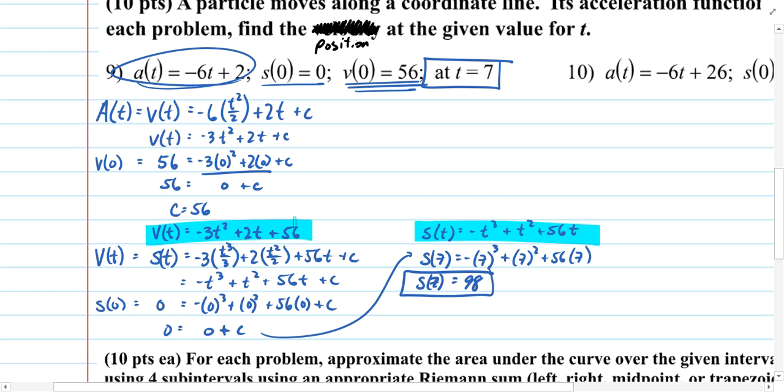We were also able to compute the velocity function, so we would know how fast the object is moving at any given time. And then ultimately we were able to answer the question at hand, the position of the particle at time 7. And now we'll move on to number 11.